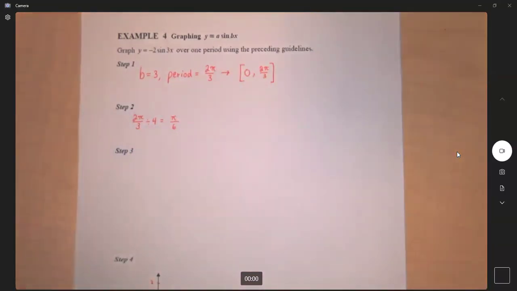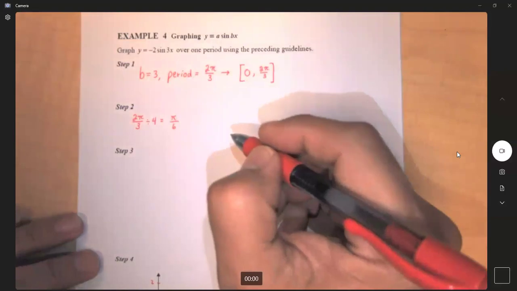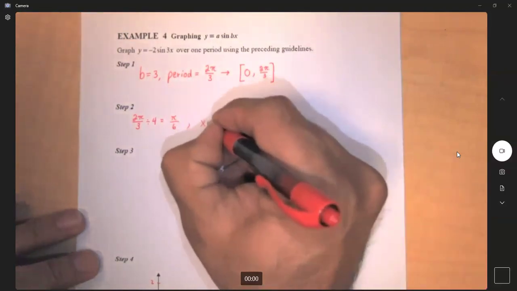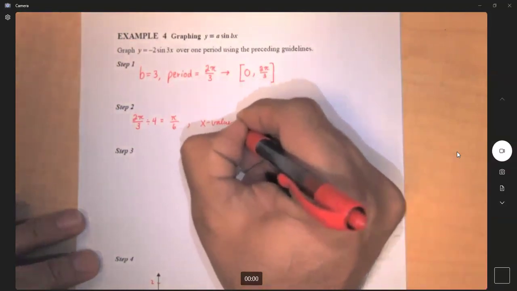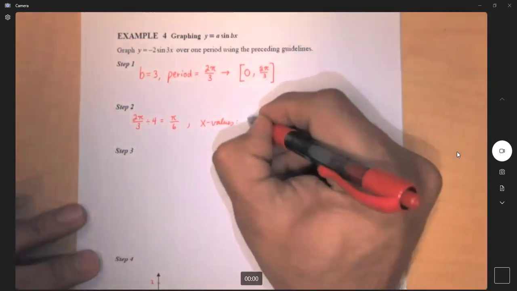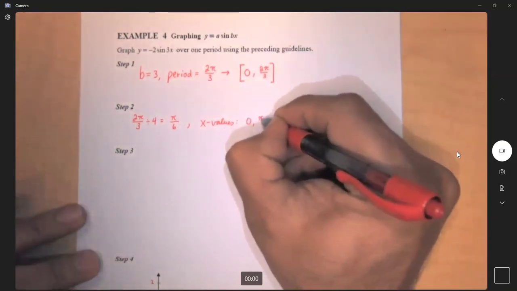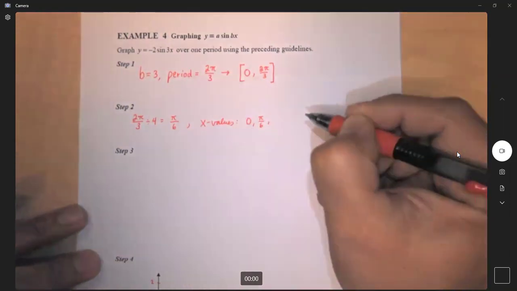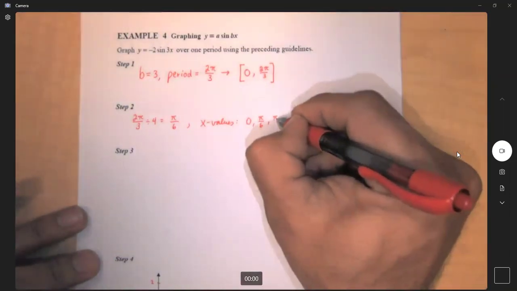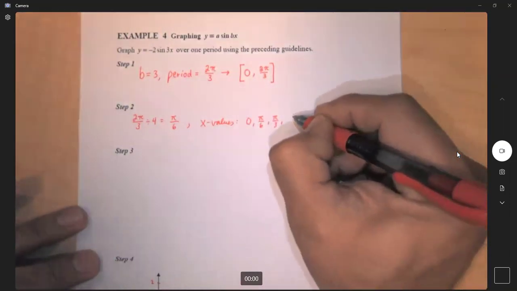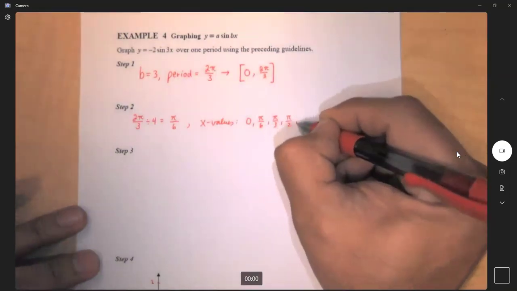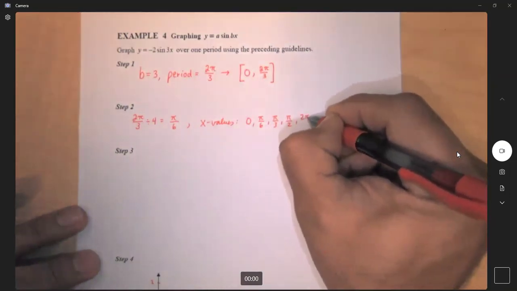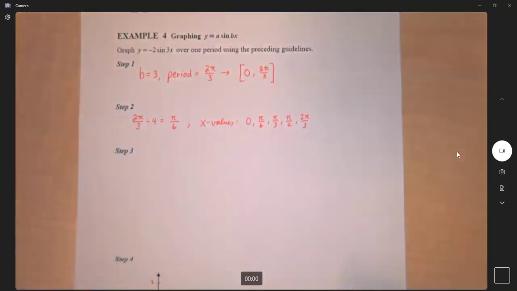Okay. And so the x values that we're going to use to plot here, you start at 0, then you go in intervals of pi over 6. So pi over 6, and then pi thirds, and then pi halves, and then 2 pi thirds. And that'll be the 4 intervals.